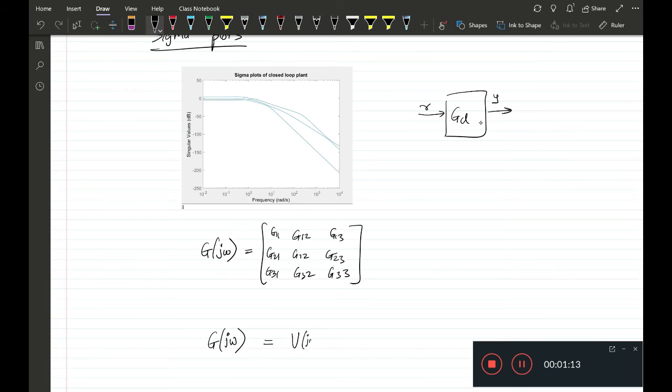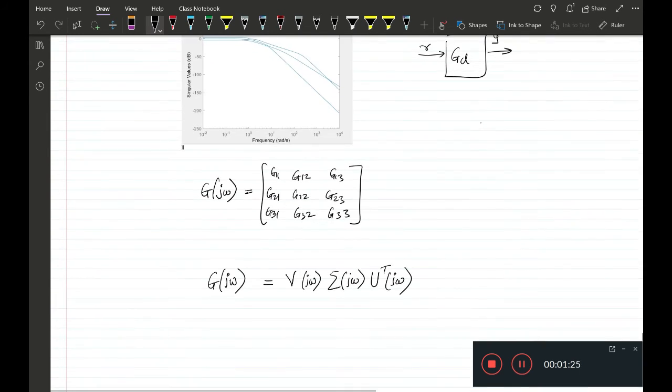We can do a singular value decomposition of such a matrix to obtain these three matrices V, sigma and U, where sigma is a diagonal matrix of the same size and dimension as G, and sigma max for this particular frequency is then nothing but the maximum of the diagonals of sigma of j omega.